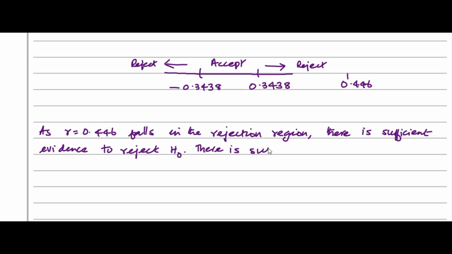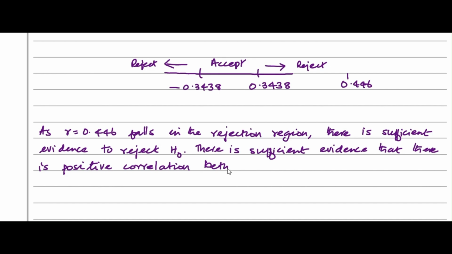So there is sufficient evidence that there is positive correlation between per capita GDP and CO2 emission.